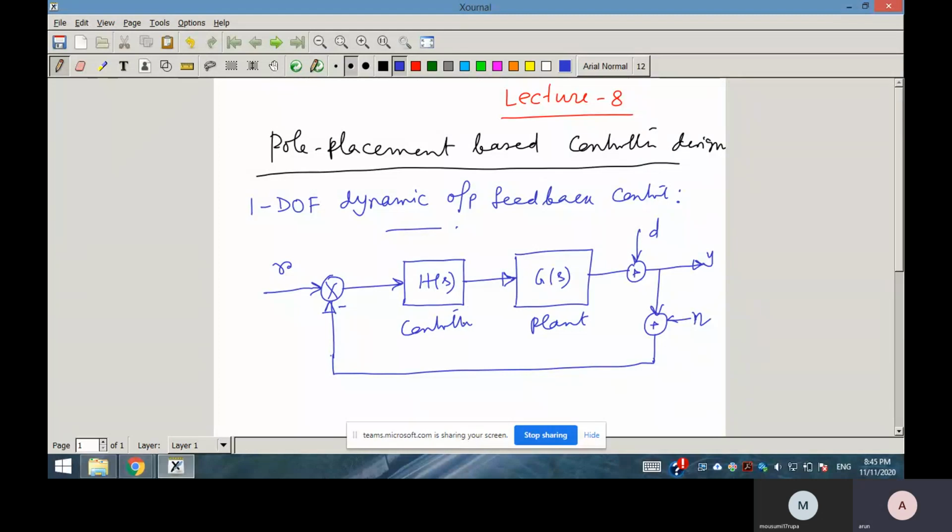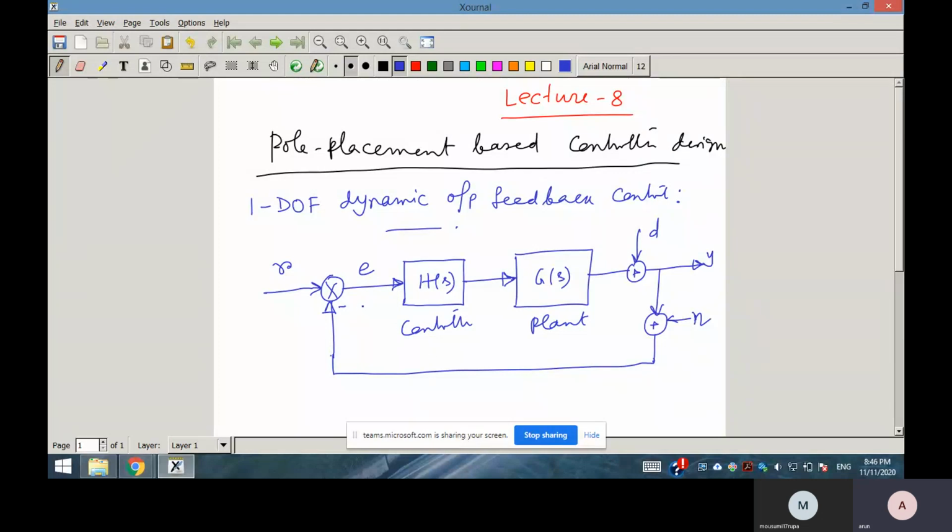This controller H(s) is called a 1 degree of freedom controller, because here only one independent input is going in, that is the error. That's why it is called 1 degree of freedom control. If two independent inputs are going in, then it is called 2 degree of freedom control. That also we will see.